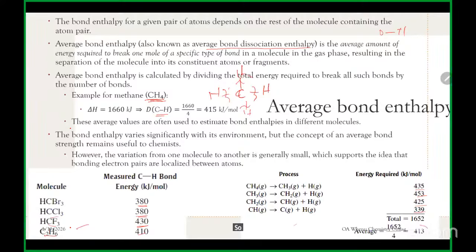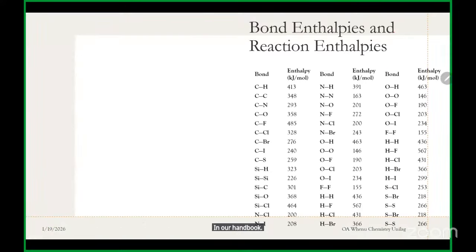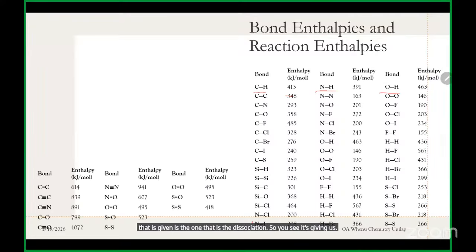But the average of these bonds are often reported in our handbook. So these are several average bond enthalpies. And the average bond enthalpy that is given is the one that is the dissociation, so you see it given as positive. This is for some multiple bonds. This is for single bonds.